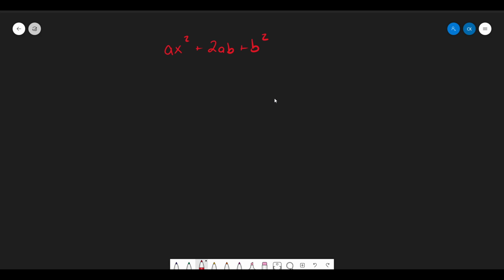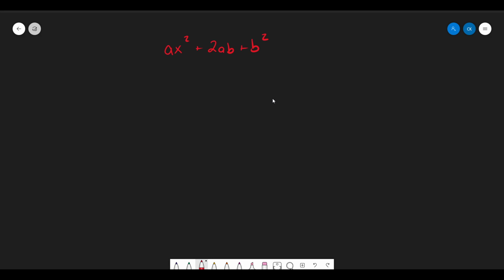This is a perfect square trinomial. We talked about what that means in a previous section, and honestly, we don't really need to know too much what it means, seeing as we're going to be making our functions look like this.